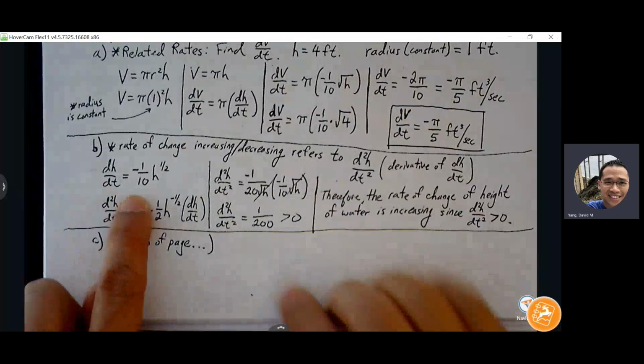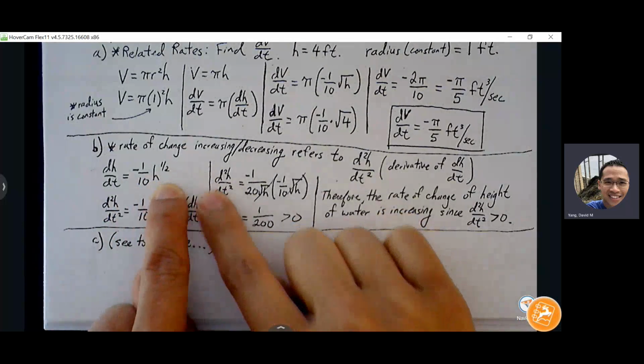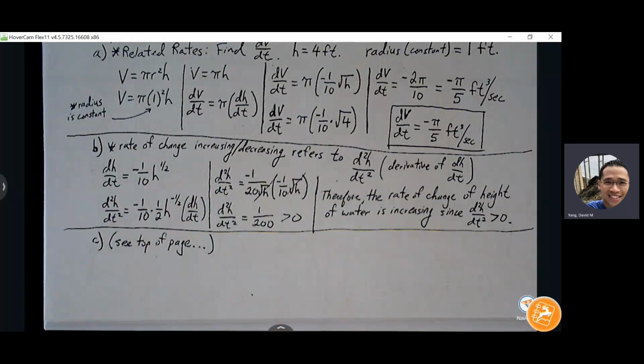So dH/dt is -1/10 root h. I converted that to h to the 1/2. I'm going to find the derivative again. So dH/dt becomes d2H over dt squared. -1/10 stays. I go through power rule: 1/2 h to the -1/2. Again, related rates, so h becomes dH/dt. So now this is my second derivative function.